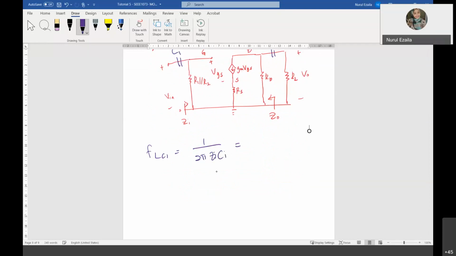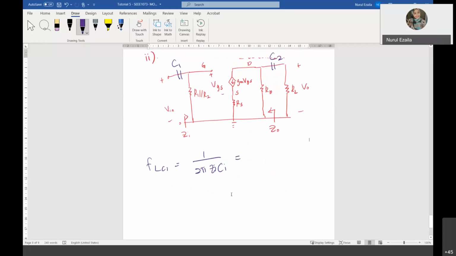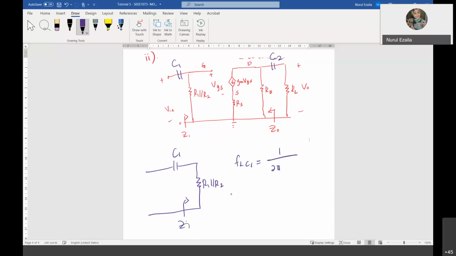So what is Z in? If I redraw again over here, you should get something like this. This is C1 and this is R1 parallel with R2, and this is the Z in. Therefore, FL due to the C1 is 1 over 2 pi Z in C1.